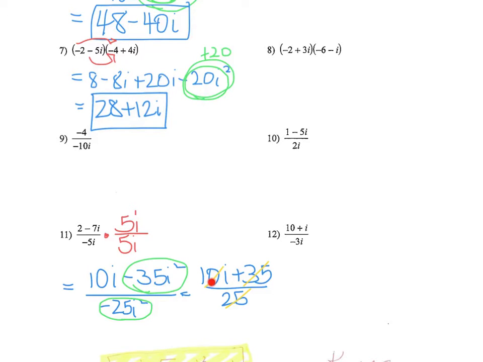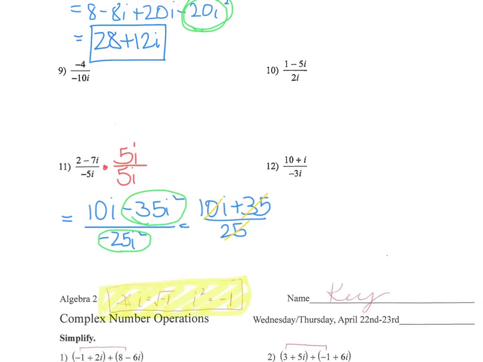Well, if you divide that by 5, you get 2i. Divide that by 5, you get 7. And divide that by 5, you get 5. That gives me a final answer then of 2i plus 7 over 5. So what you need to do is to finish out all three of those. And that's your assignment for both Wednesday and Thursday.